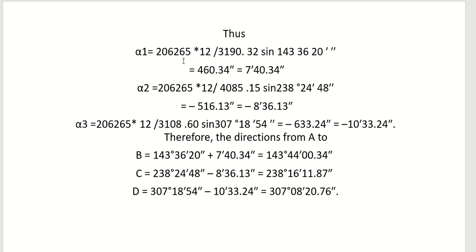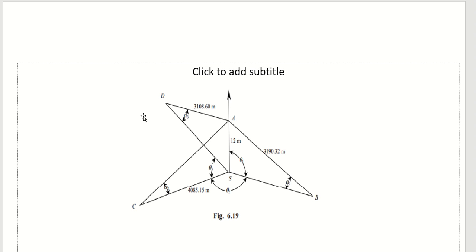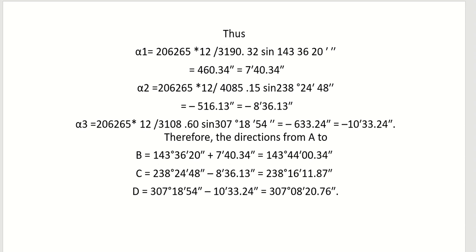For alpha 1, it is 206265 times 12, where 12 is the baseline distance SA, divided by SB and sine theta 1. After calculating, we get alpha 1 equal to 7 minutes 40.34 seconds.